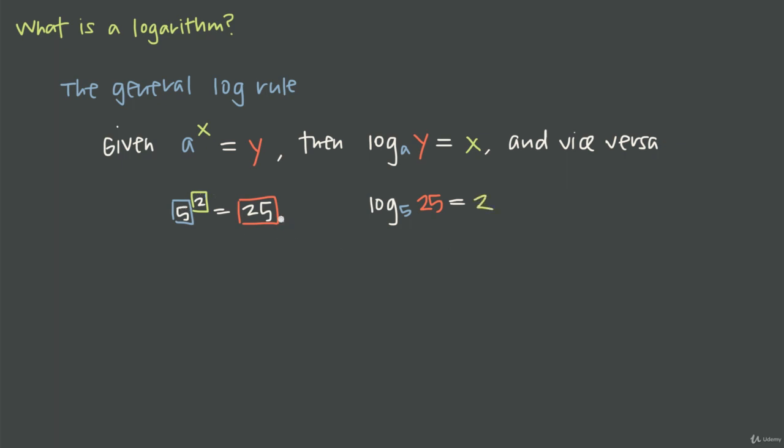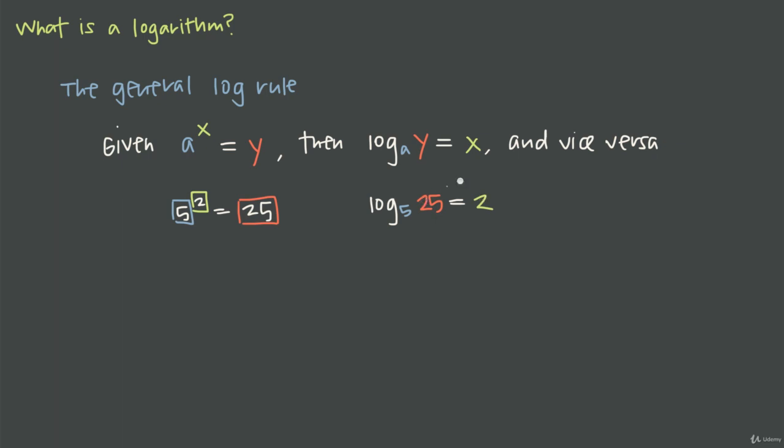So 5 squared equals 25 as an exponential equation can be rewritten as log base 5 of 25 is equal to 2. And this makes sense because remember that the logarithm says, to what exponent do we have to raise 5 in order to get 25? And we know that we have to raise 5 to the power of 2, the result over here, in order to get to 25.